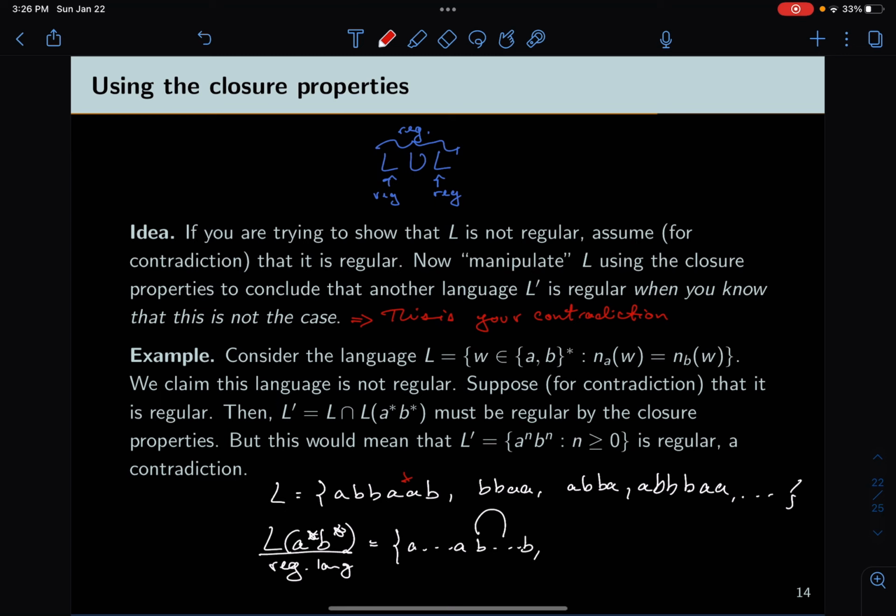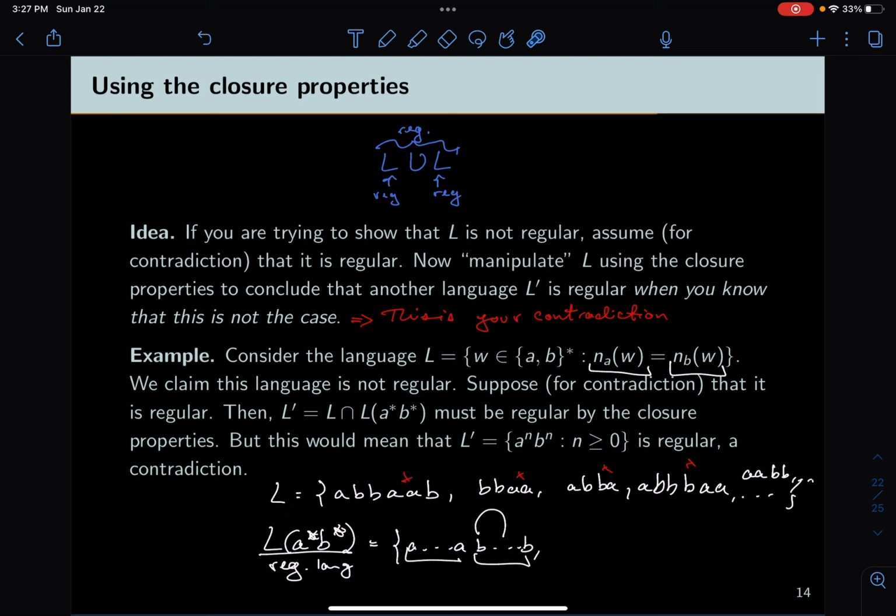So these strings get filtered out, and the only strings that remain are the strings that have an equal number of A's and B's, and that start with A's and end with B's. For instance, AABB. So really what this operation does is filter L to produce a language that has both of the properties.